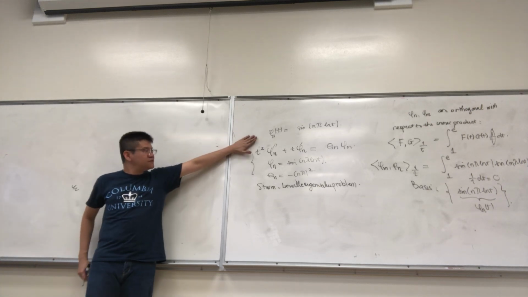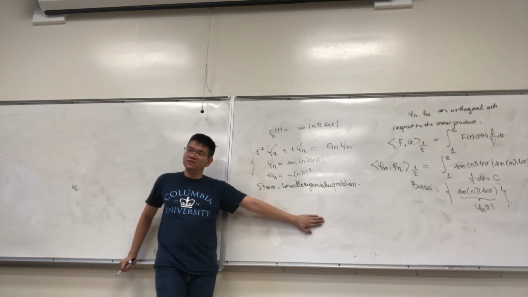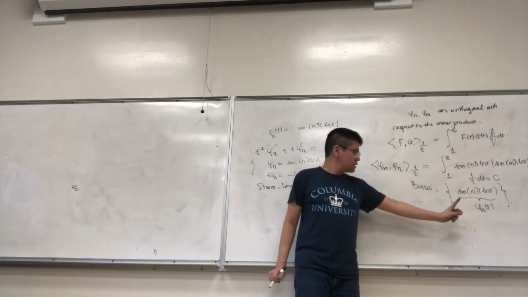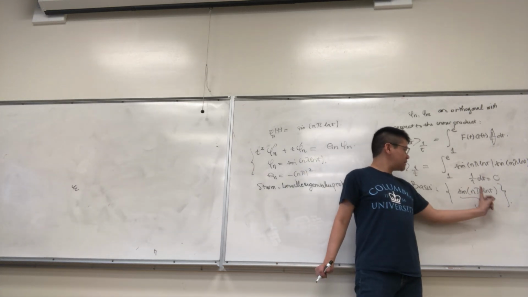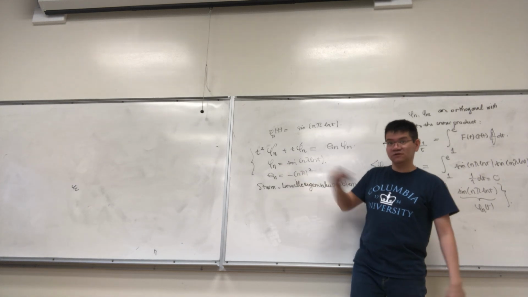So far what we solved is this Sturm-Liouville eigenvalue problem, and once you solve it, what you obtain is a basis, sine n pi log t, which is the eigenfunction, right?